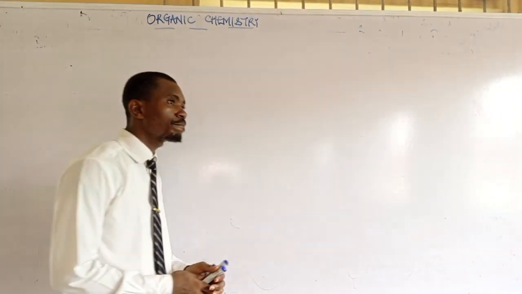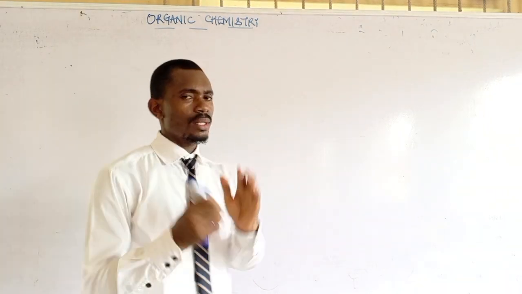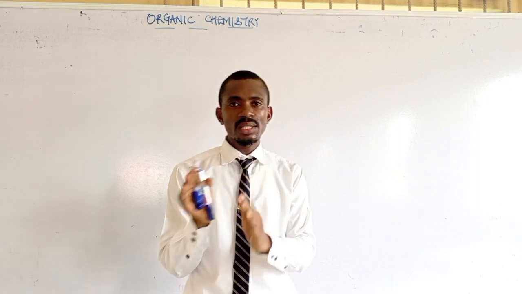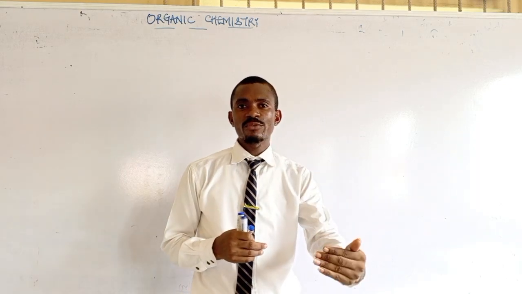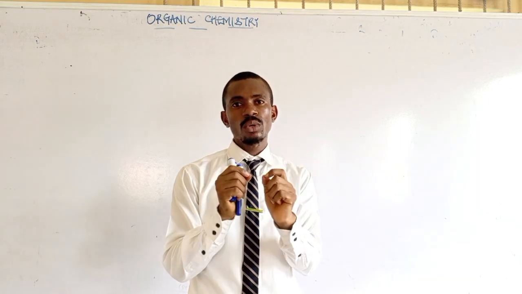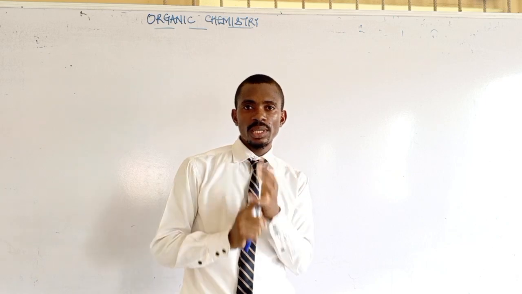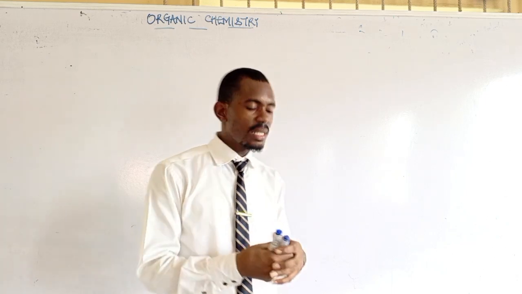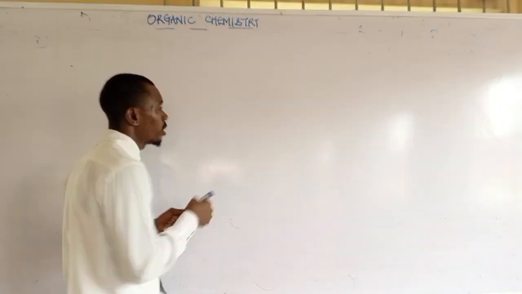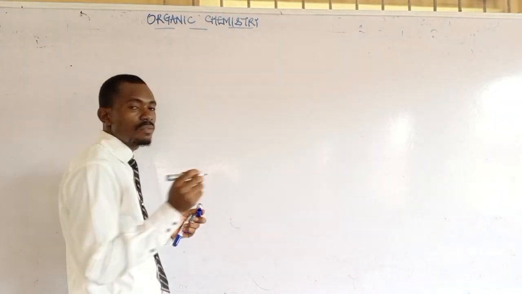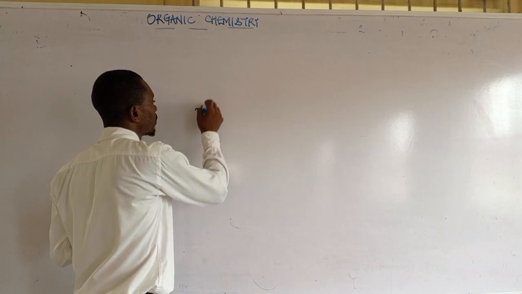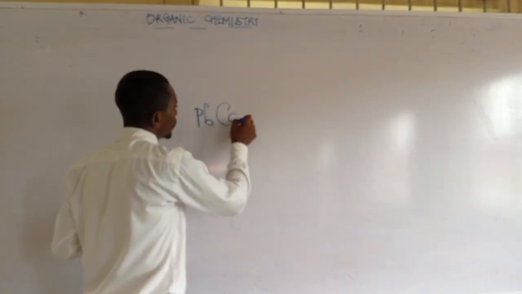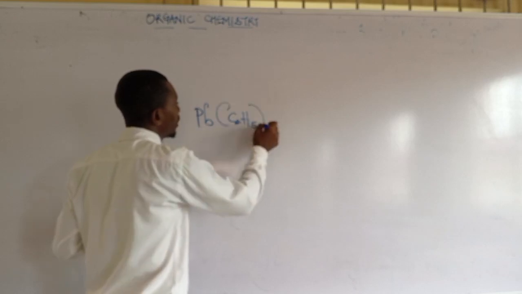Now let's see. Initially we discussed that hydrocarbons could be aliphatic and aromatic. Then we went on to look at the fact that there is an ideal petrol, and that petrol should not cause knocking. So usually how they treat petrol not to cause knocking is that they add a petrol additive called tetraethyl lead.